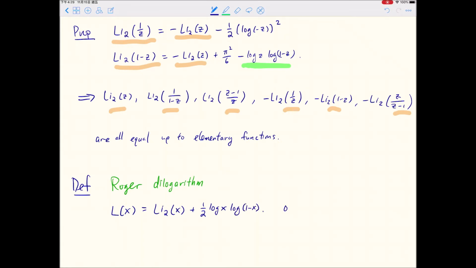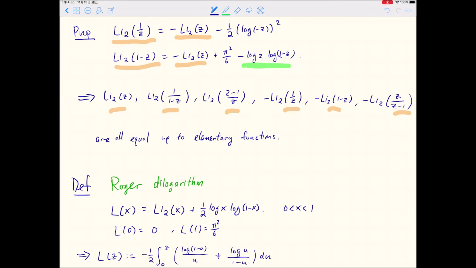So here our x ranges from 0 to 1, and then L(0) equals 0, not by definition, by continuity, L(0) equals 0 and L(1) equals pi squared over 6 by continuity, and it also admits an analytic continuation. So the first part is similar to the Dilog, but you incorporate the 1 minus u and u symmetry.